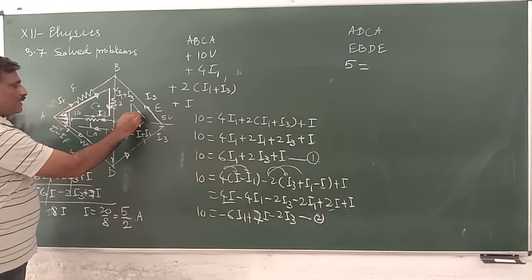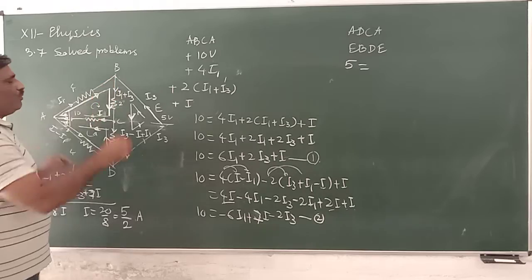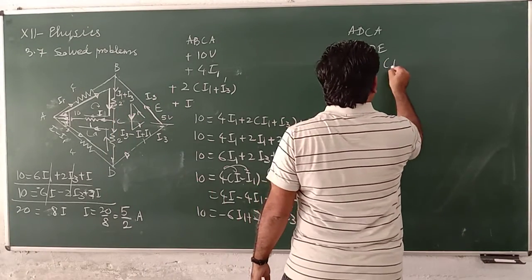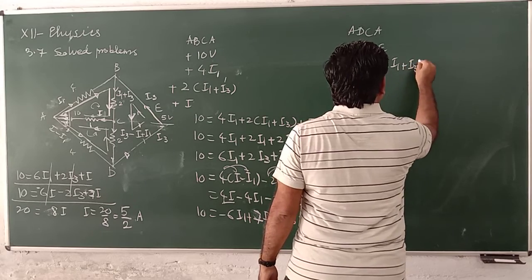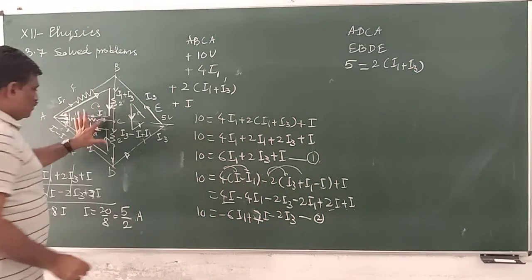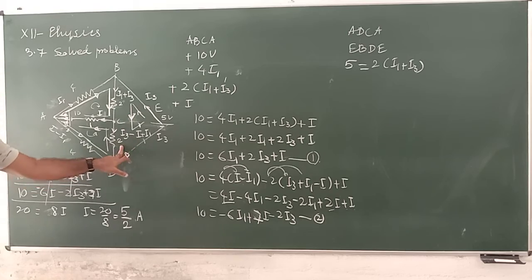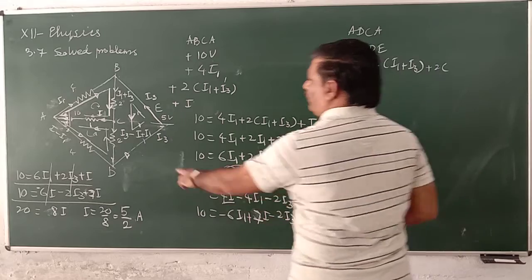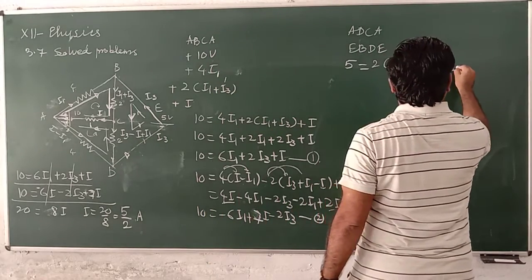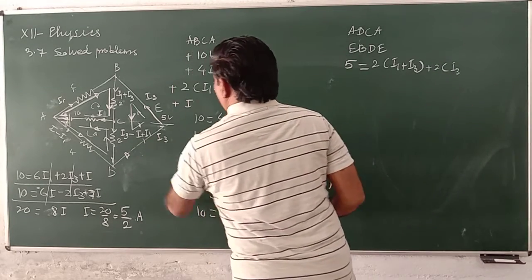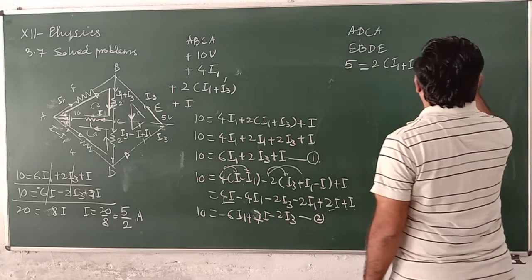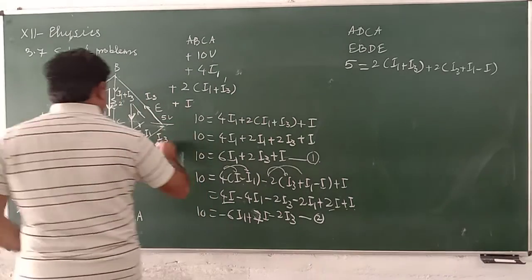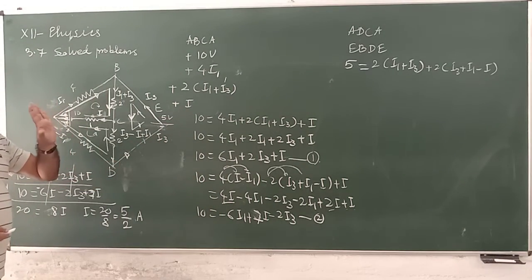This current and trace loop direction is same. Therefore, this is also positive, which is equal to 2 I1 plus I3. This also, trace loop direction and current both are positive, therefore plus 2I3, minus I3 plus I1 minus I. There is no resistance along this one, so no need to consider.